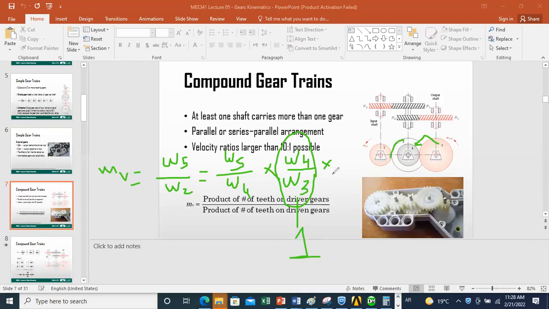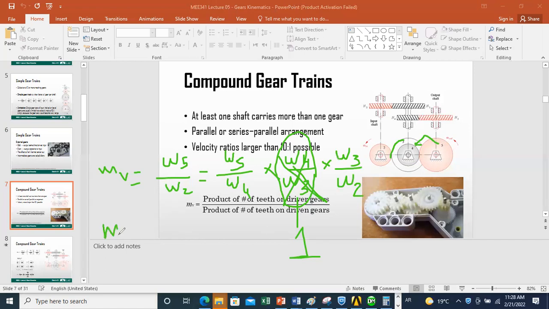Okay, so it's times omega 3 over omega 2. So this one will cancel out because it's already 1. Now we can replace omega 5 over omega 4 by the inverse of the number of teeth ratio with a minus, because any two external gears in mesh will have opposite angular velocities.